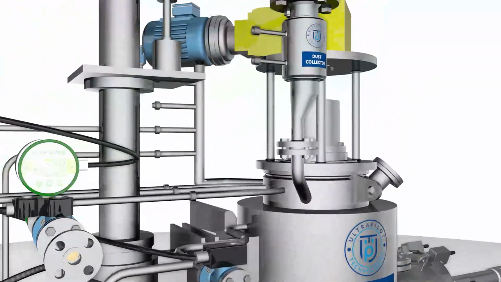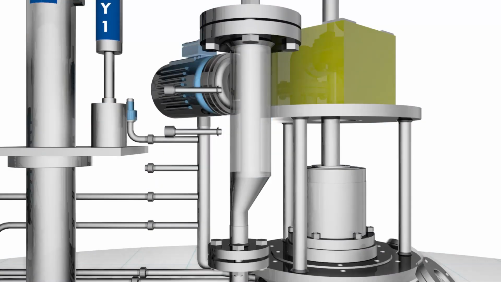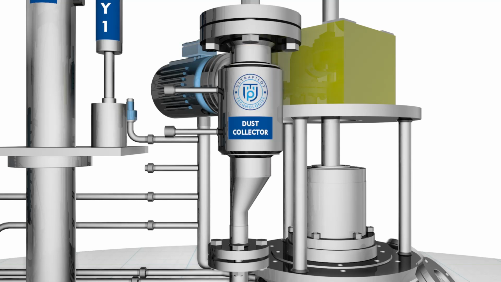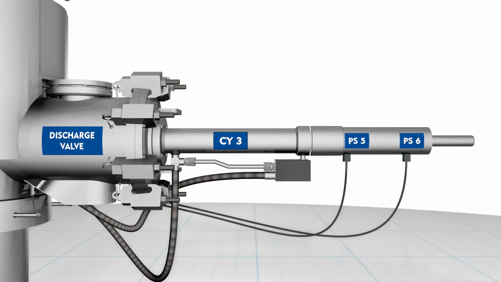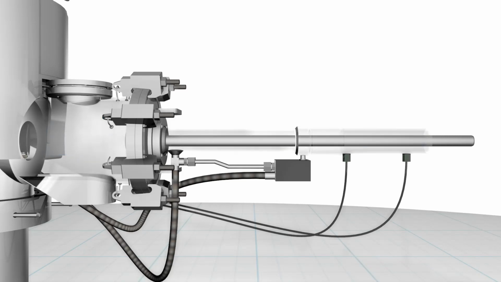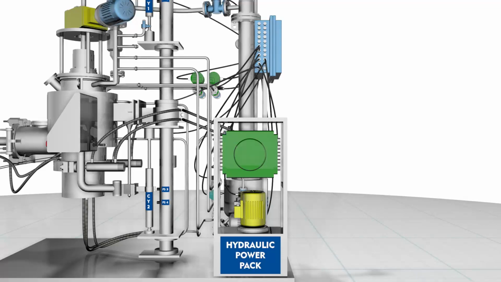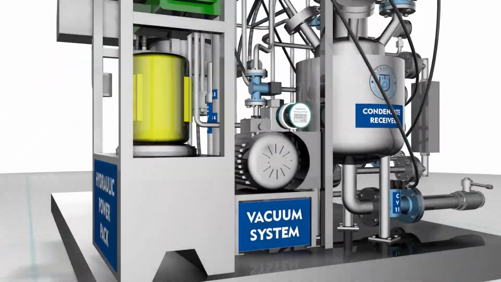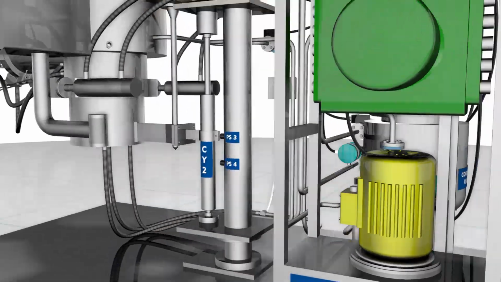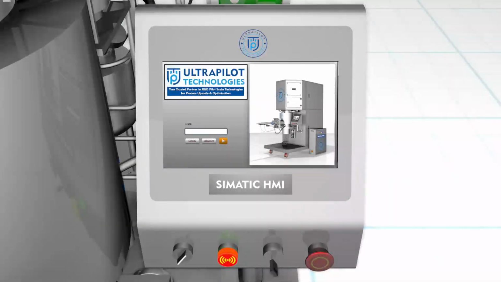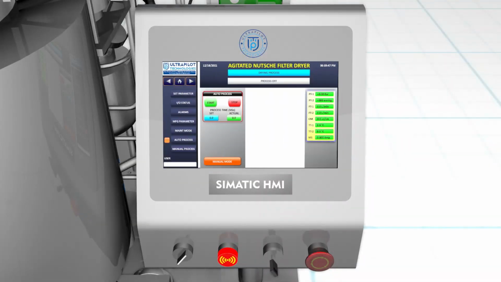Fourth, dust collector. Fifth, discharge valve. Sixth, hydraulic power pack. And seventh, vacuum system. The motor drives are to be controlled by the operating system.